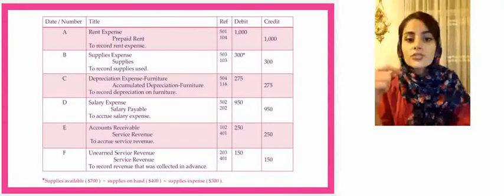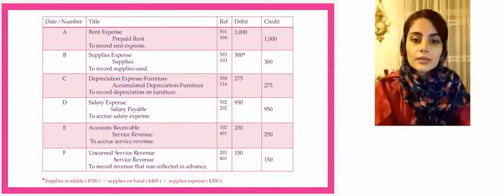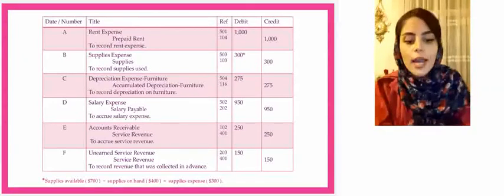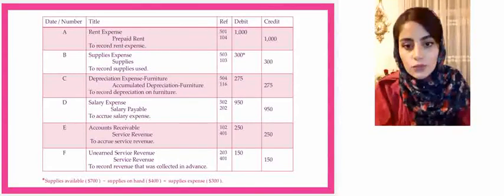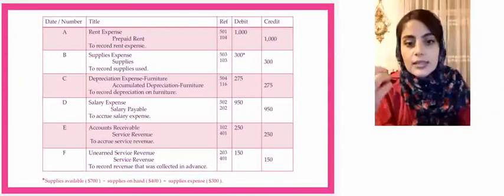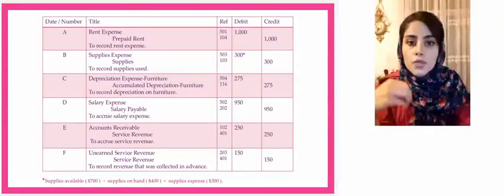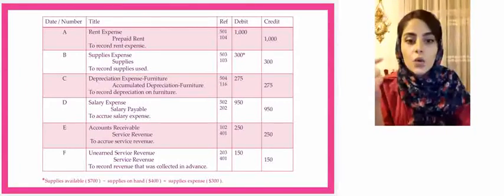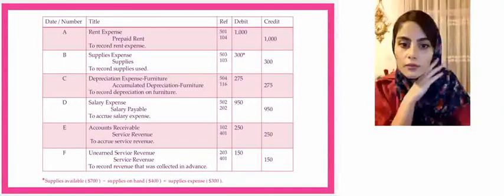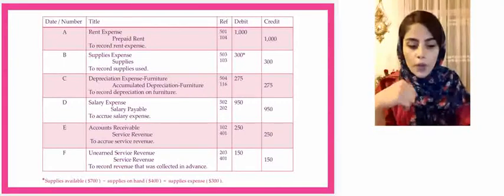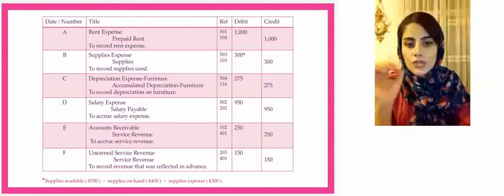And then on transaction D, we had the transaction on the last slide, which says accrued salary expense, which is $950. So the entry should be salary expense and salary payable. Both of them increase. When we want to increase a liability, we should credit it.